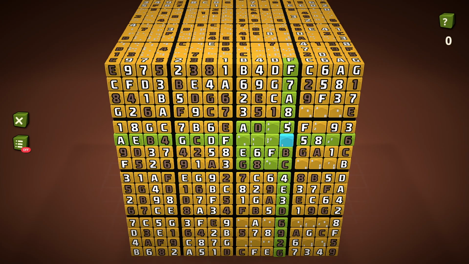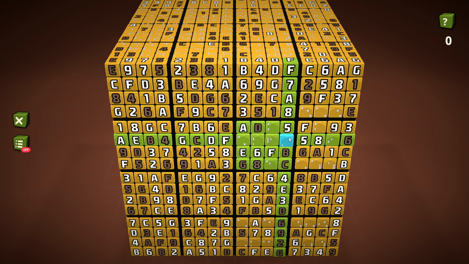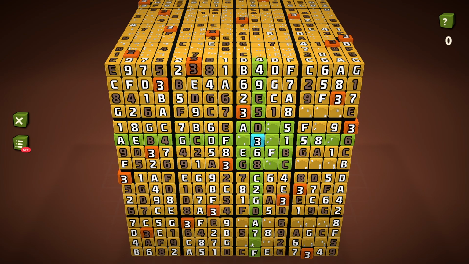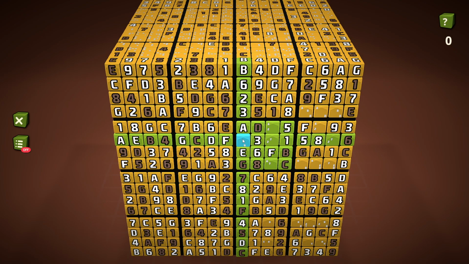And that means there's only, that one is that. This column only has a 1 and 3 missing, so this has the 3, and this has the 1. And the one column to the left of that is only missing a 9, so that has to be a 9. D, 4, 9.